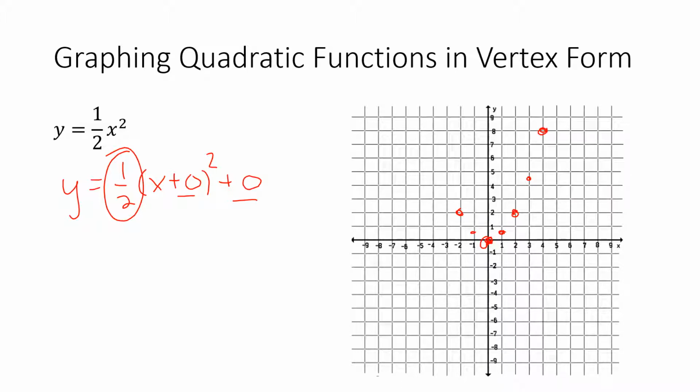But if you only go halfway, we're going to go over 3, up 4.5. And last, for the parent function, you would go over 4, up 16. But if you only go halfway, that'll be over 4, up 8. And there's your parabola. This one looks a little bit wider than the original functions because you're only going up half as fast.